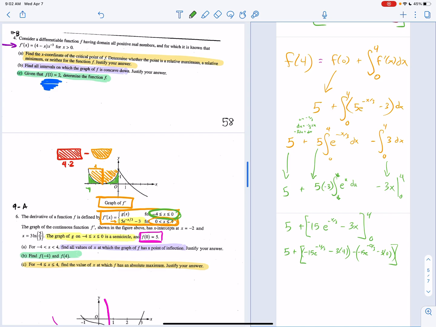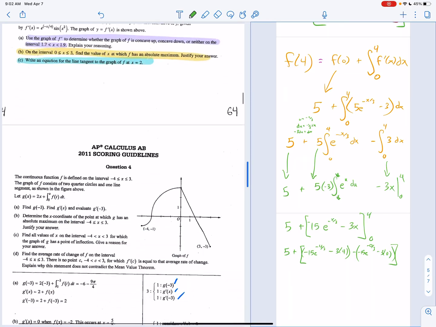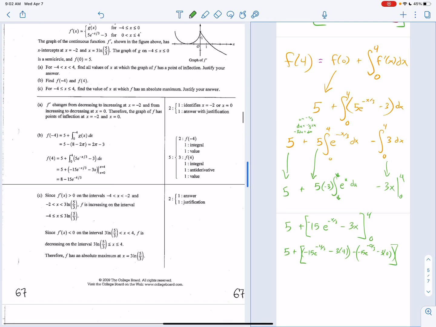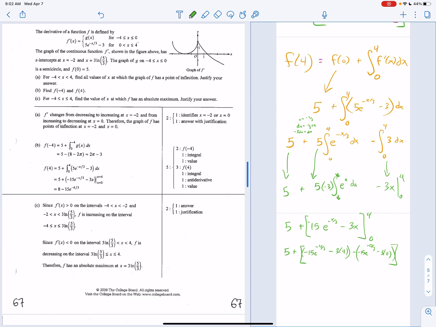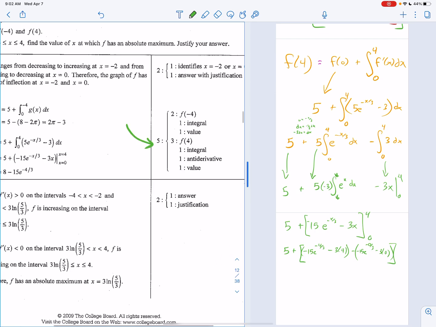But doable with practice. If you take a look at the point system, here we go, 2009. Although that was a little bit of work, check that out. That was a 5-point question, right?